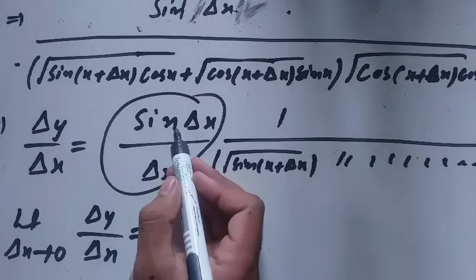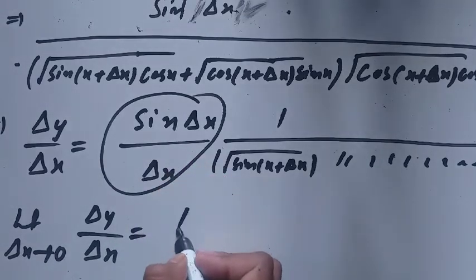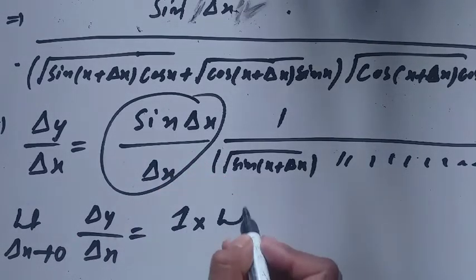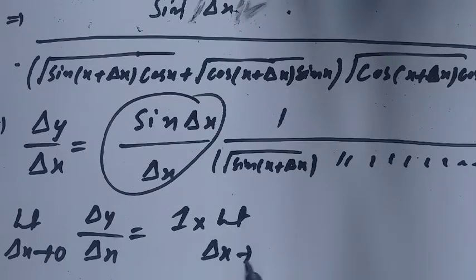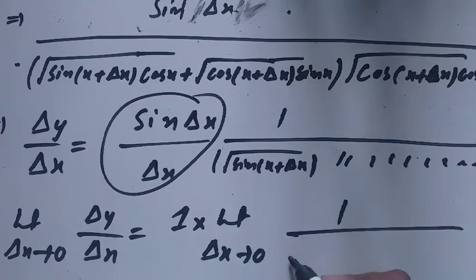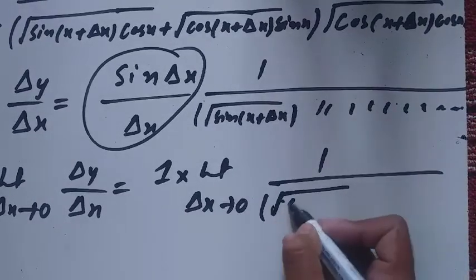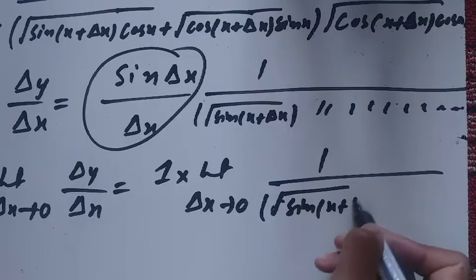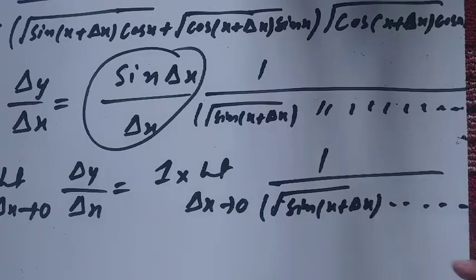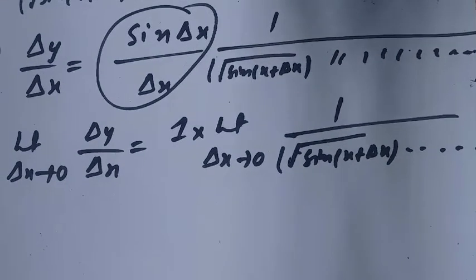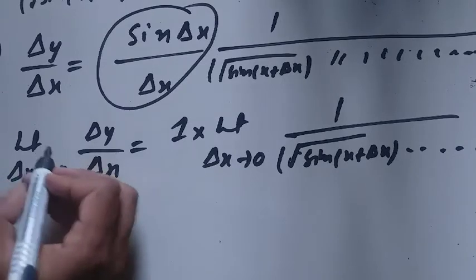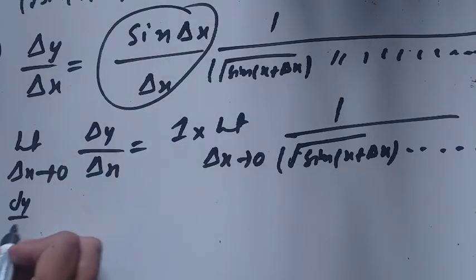And when we approach this limit, this becomes 1 into limit delta x approach to 0, and the rest of the term, that is I can write here. फिलहाल मैं यहाँ पे ऐसे ही लिखूँगा, that is under root of sine x plus delta x. All right. Now this becomes dy divided by dx.